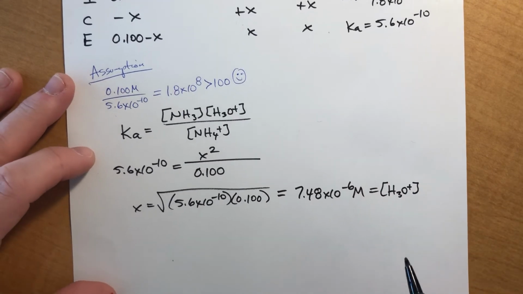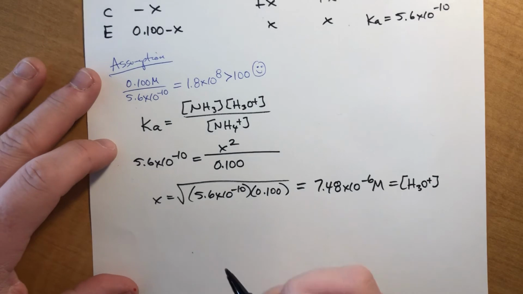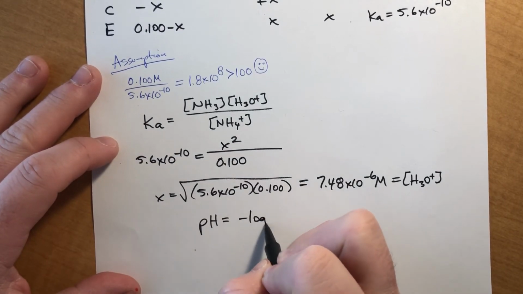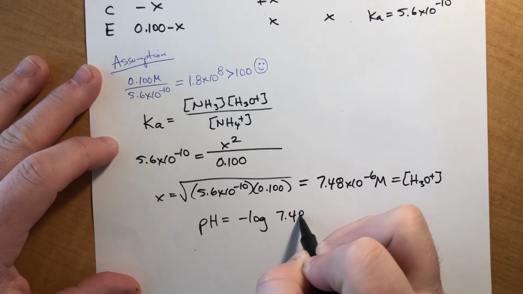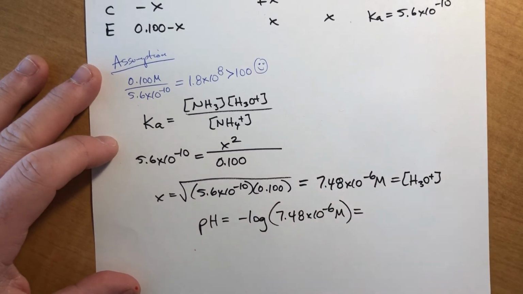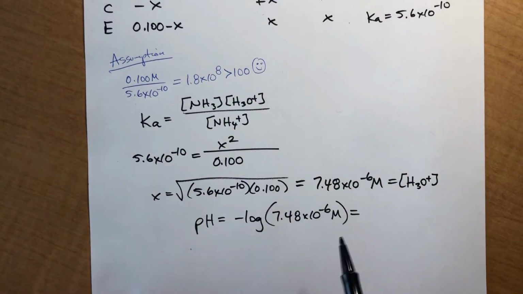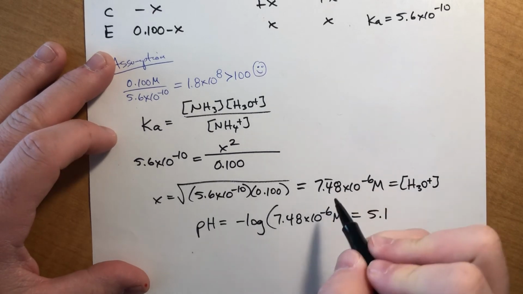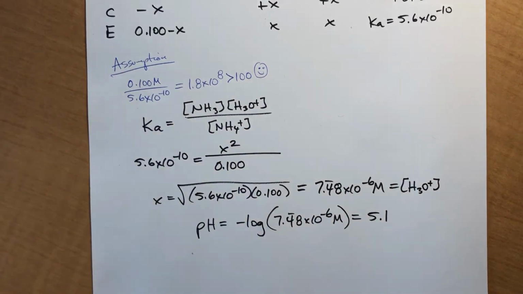So to get the pH, we are going to take the negative log of that. And if you take the negative log of that, the answer comes out to 5.1. I guess for sig fig purposes, we probably only had 2 all the way through, but that's okay.